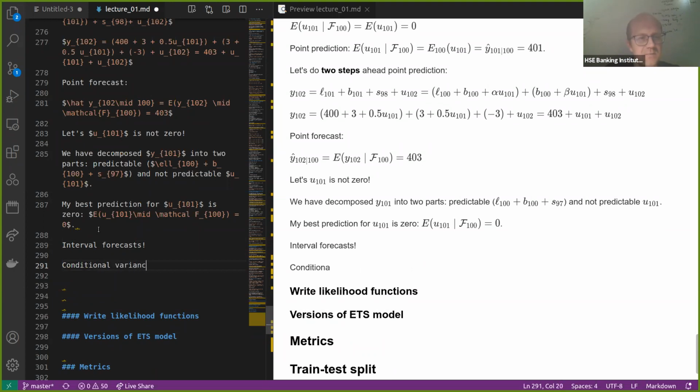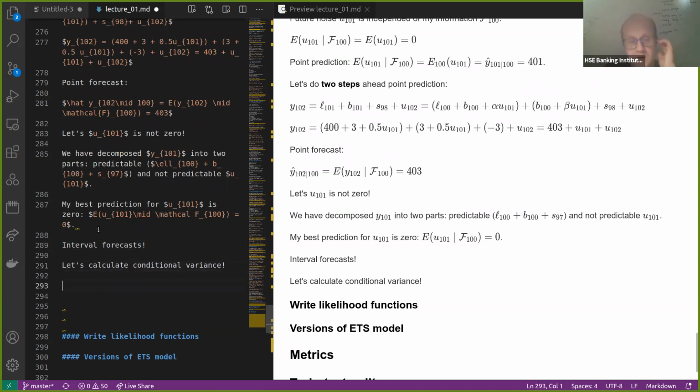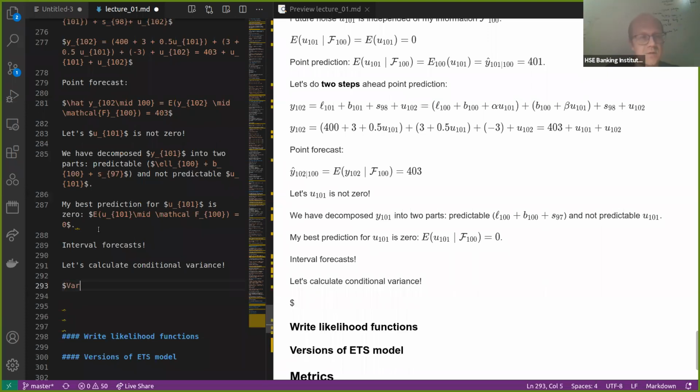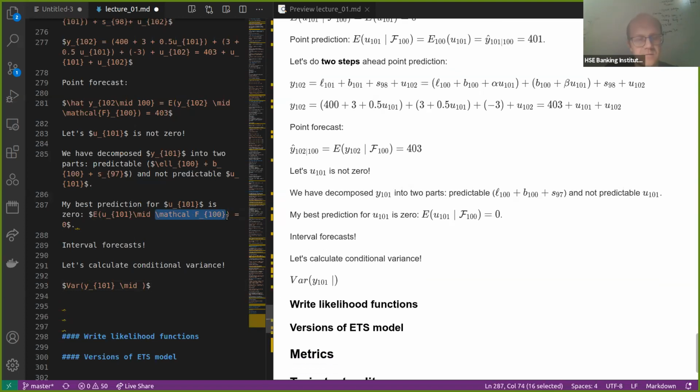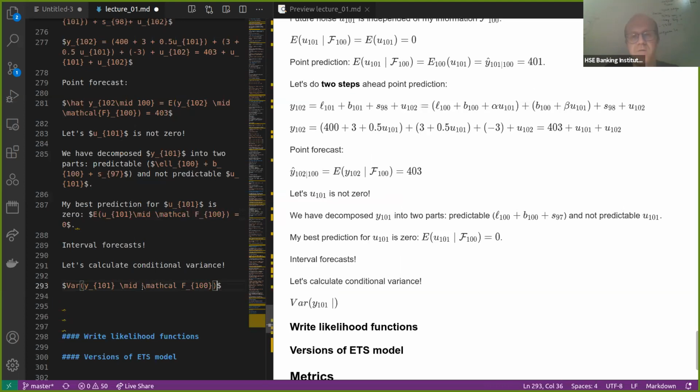We calculate the variance of Y101 given all the information we have, given F. This calligraphic F denotes all the information available up to time t.